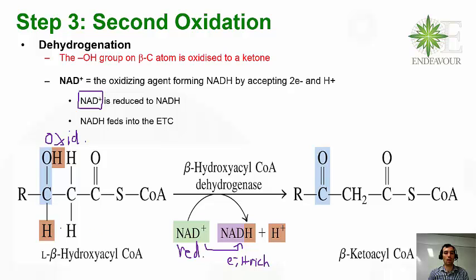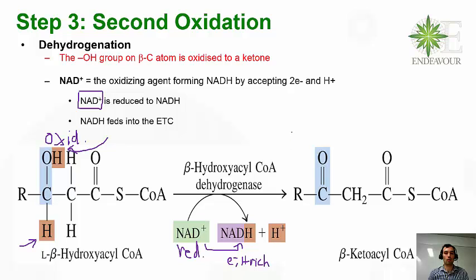So the hydrogens that are removed from the acyl variant, which now contains the hydroxyl group, are shown here in the orangey color. So we take those hydrogens off, and then we're actually able to put these onto the NAD+.